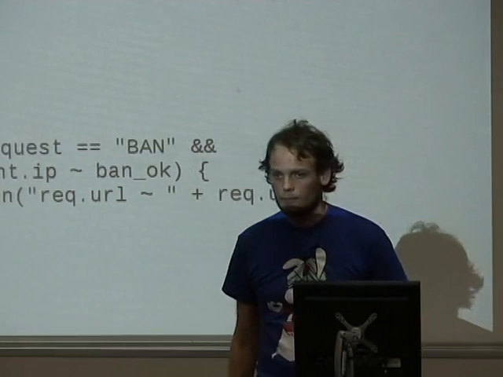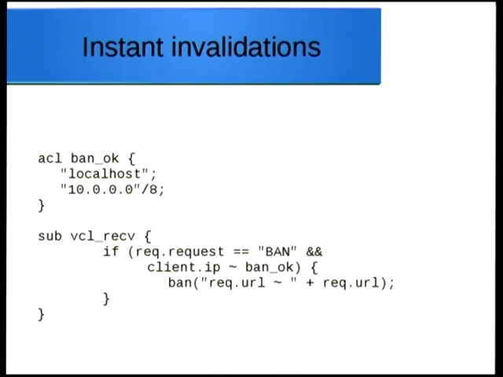insert that ban. Ban does not prevent stuff from being cached in the cache. It merely invalidates the content in the cache itself. And the way it does this is that all the objects have a reference to the most recent ban they have been checked against.